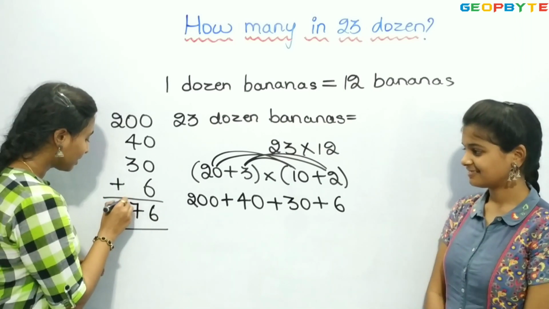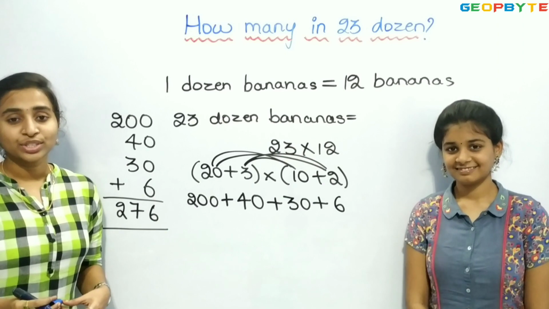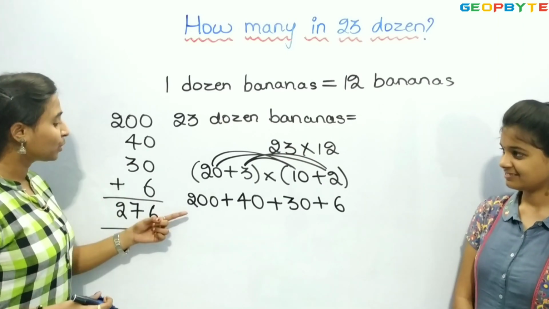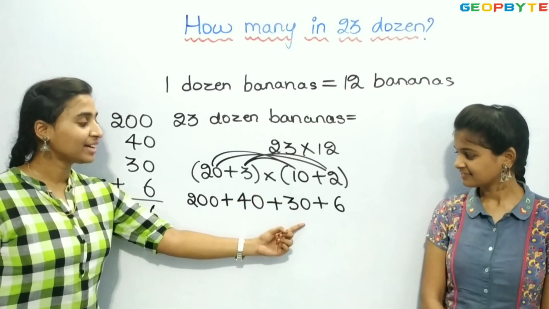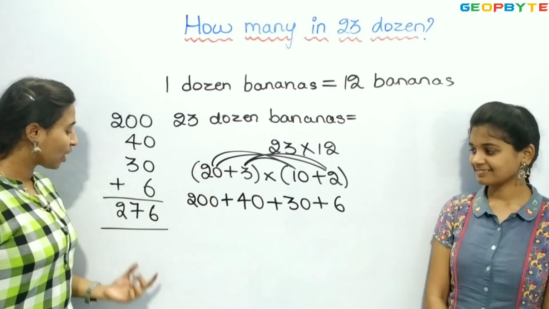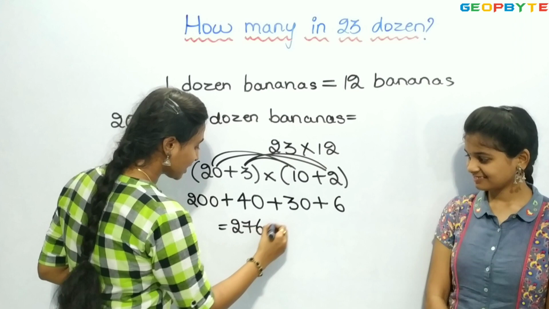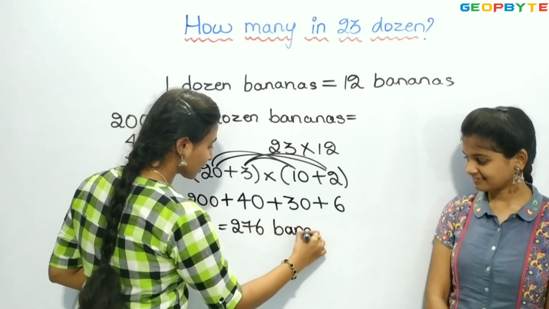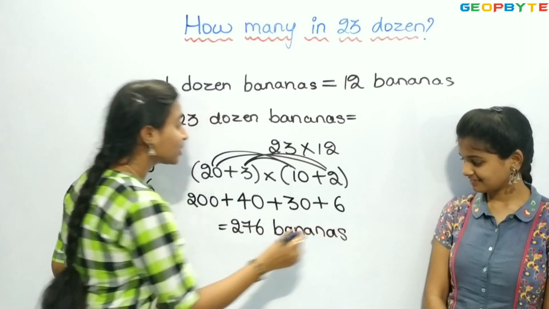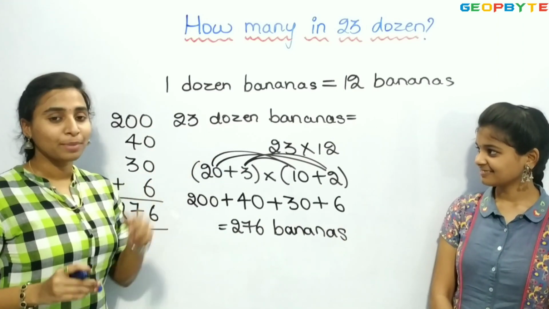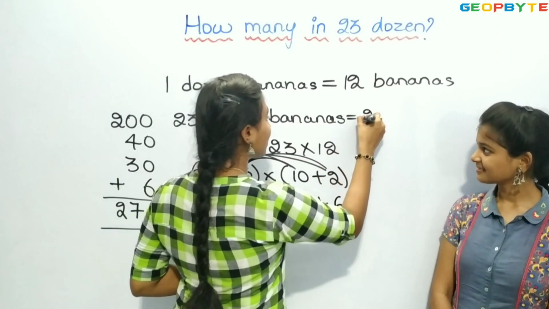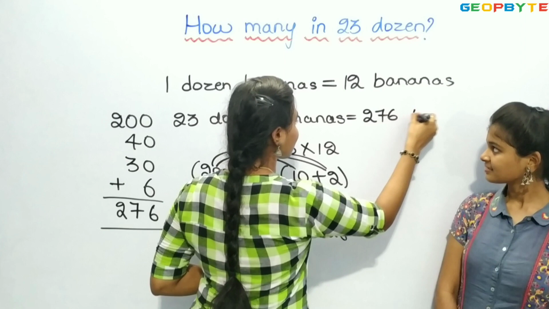Let us write 2. So children, by adding 200, 40, 30 and 6, we got 276. That is 276 bananas. So children, 23 dozen bananas will have 276 bananas.